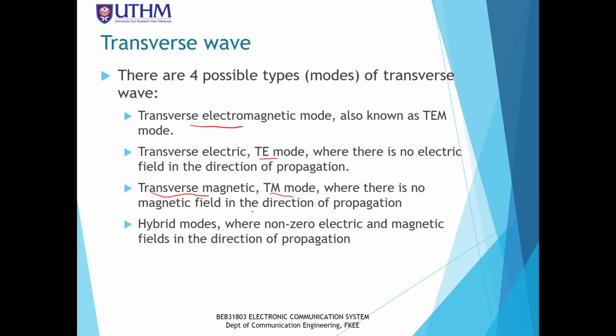And another one is what we call the hybrid modes, where there are non-zero electric and magnetic fields in the direction of propagation. In electronic communication systems, for wireless propagation, we normally use the TEM mode.